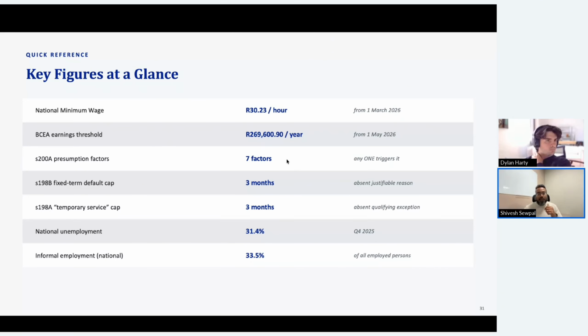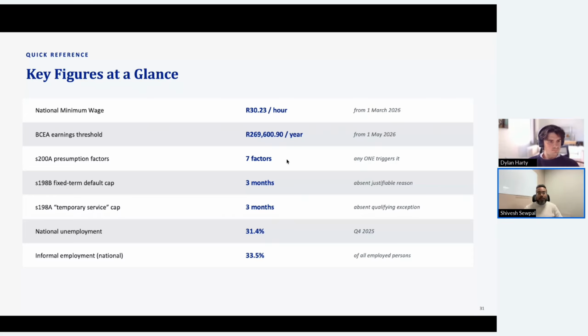The national minimum wage is 30 Rand and 23 cents per hour. The basic conditions of employment earnings threshold is 269,690 Rand per annum. Section 200A, the 7 factors, and any one can trigger the presumption of employment.